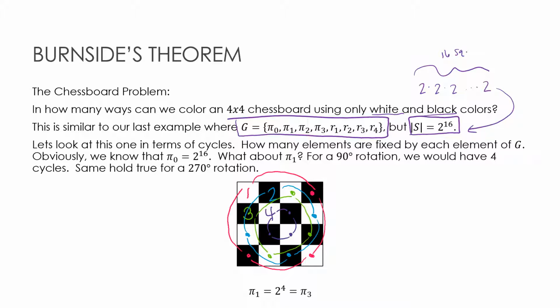Now let's look at this one in terms of cycles. How many elements are fixed by not doing anything? Well, obviously all of them. What about pi sub 1, which is 90 degrees? Well, if you'll notice, I've used some color coding here. If this can be whatever color I want, that's my first one.